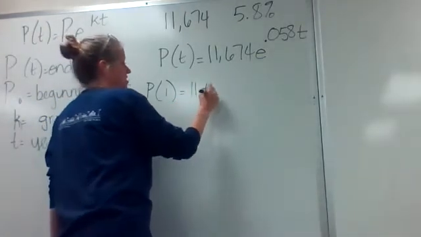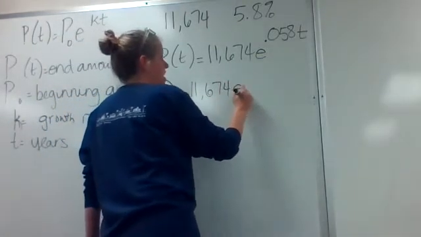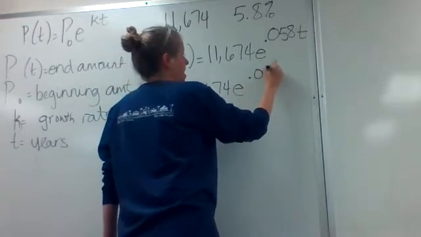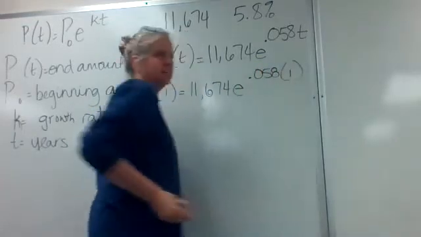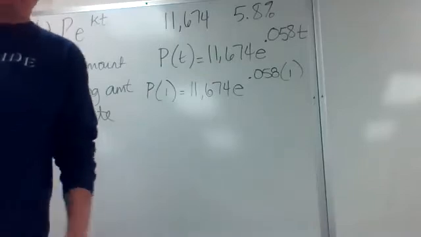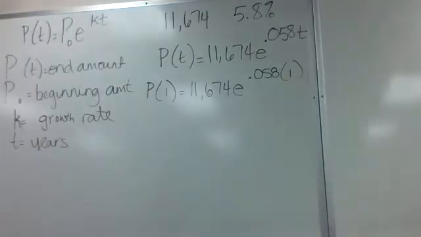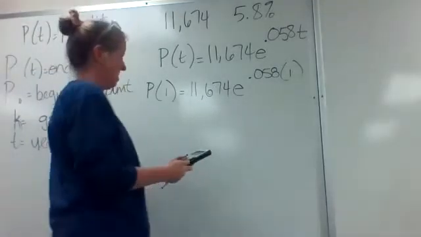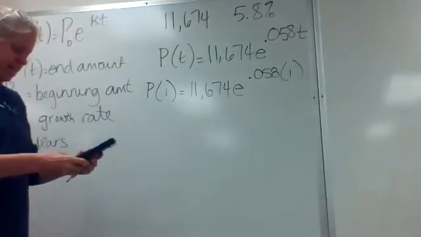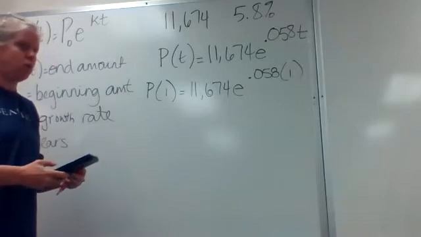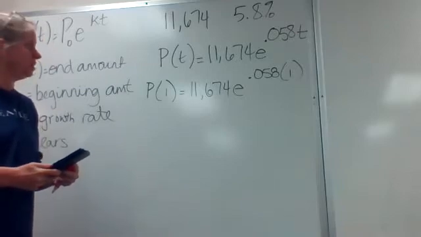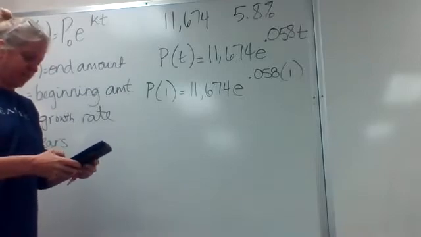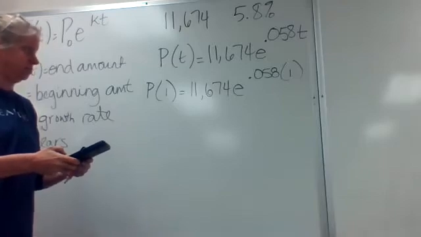So 11,674 E to the 0.058 times 1. And then you just put that in your calculator, and we're going to round it 2 decimal places, or in other words, to its cents. So let's see, 11,674 E, so second ln.